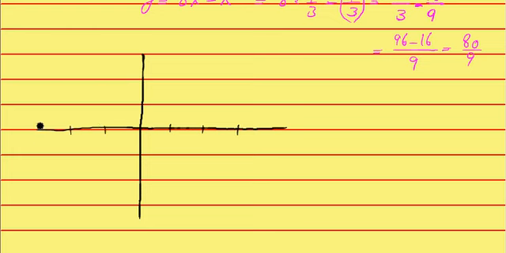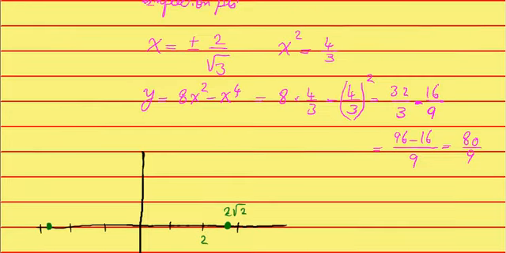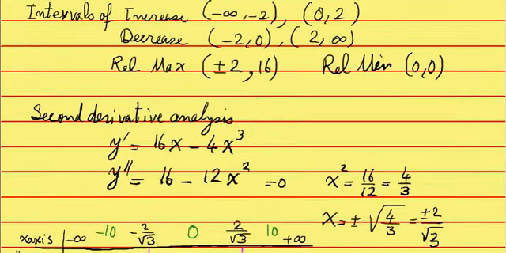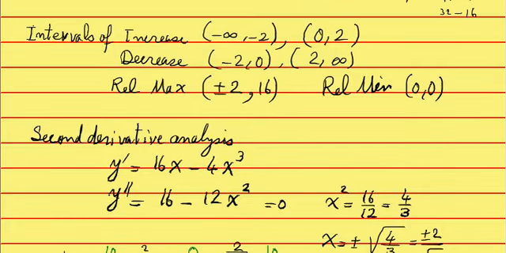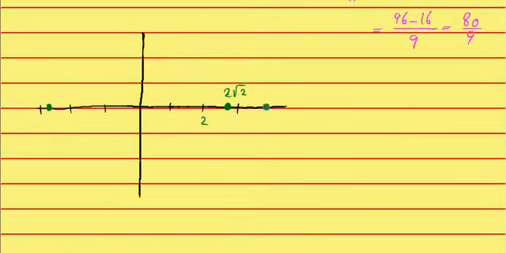We had x-intercepts at 2 radical 2 and minus 2 radical 2. Our turning points were at 2 and minus 2, and the height at the turning point was 16, maximum at 16. So let's go ahead and make sure that fits.